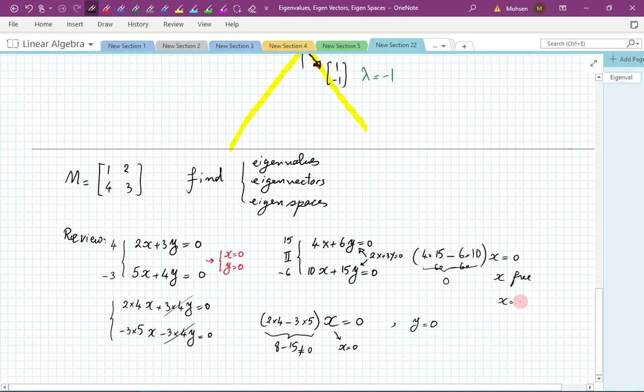I take x to be, for example, 3, and y would be minus 2. Or many other choices. You could have taken x to be 6 and y to be minus 4, or x to be minus 6 and y to be 4. All of them are good, so we pick one of these. This is a sample that shows what's going on.